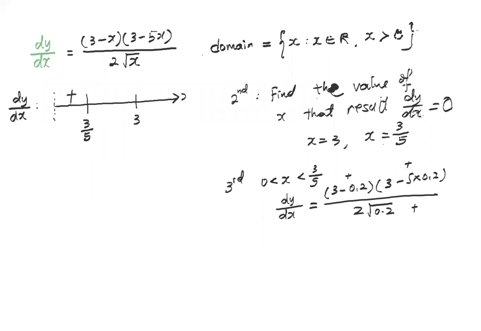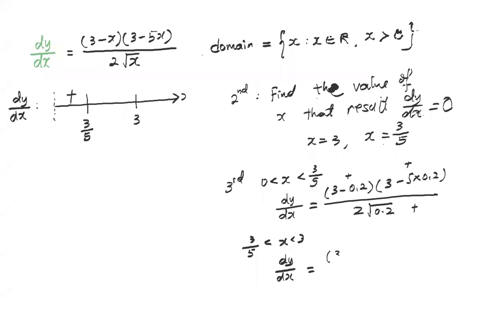So the next region is between 3 over 5 and 3. So what do you want to choose? 2? You want to choose 2 also can. If I choose 1, can or not? Can, up to me. So I choose 1.